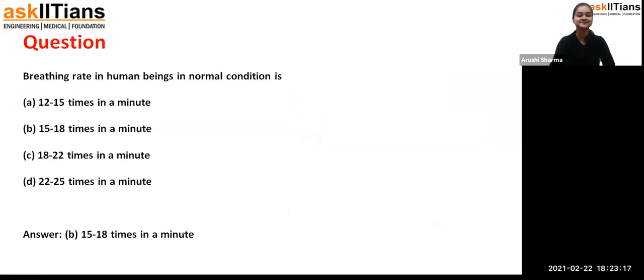Fine. Now the question is: breathing rate in human beings in normal condition is, in normal condition, not like generally. If you have noticed, student, when we play or do some heavy exercise or heavy work, we start having heavy breathing, and at that point the breathing rate increases.